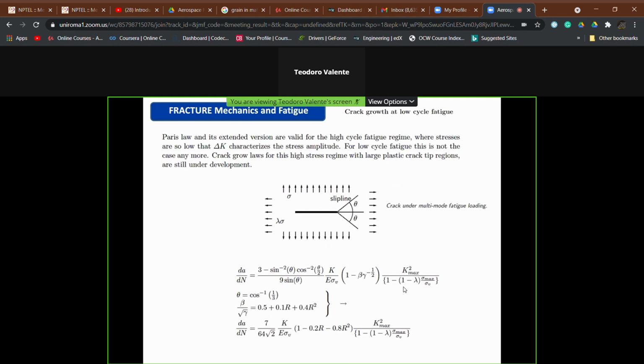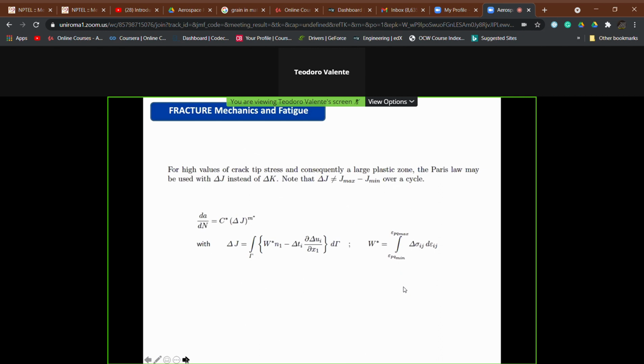And we do not pay too much attention to the sophisticated modeling of low cycle fatigue, since you will be asked to use in your profession essentially only the high cycle fatigue regime, unless you enter the research and development area in material science.